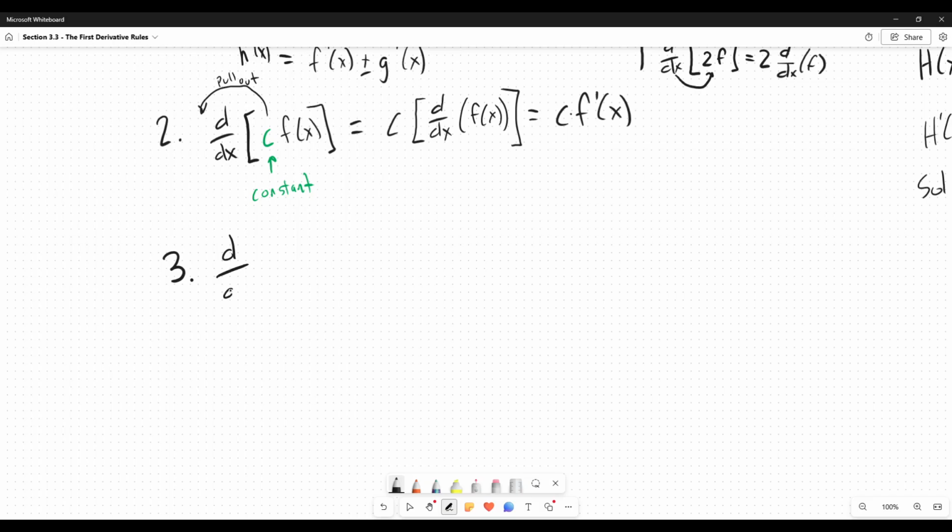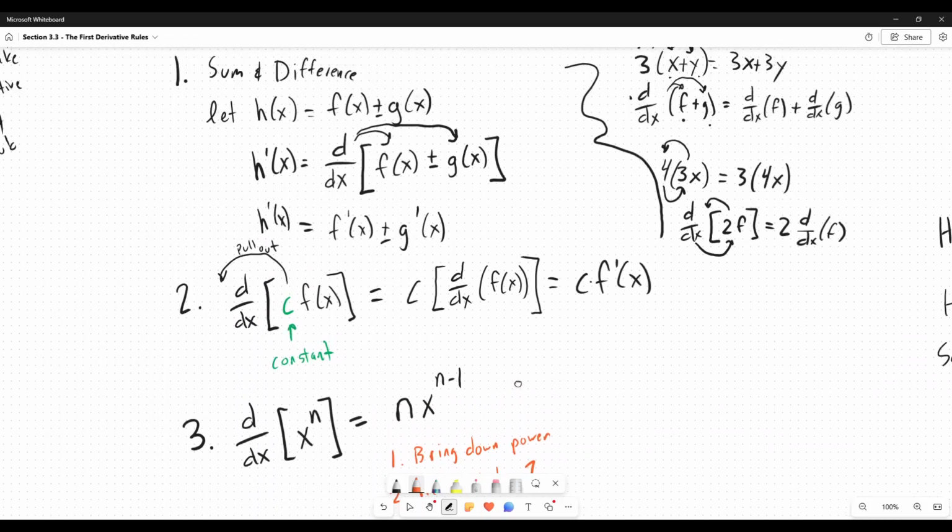The derivative of a power, x to some unknown power n: we bring down the power and reduce it by 1. I'm going to write those rules explicitly. We bring down the power and we reduce it by 1.